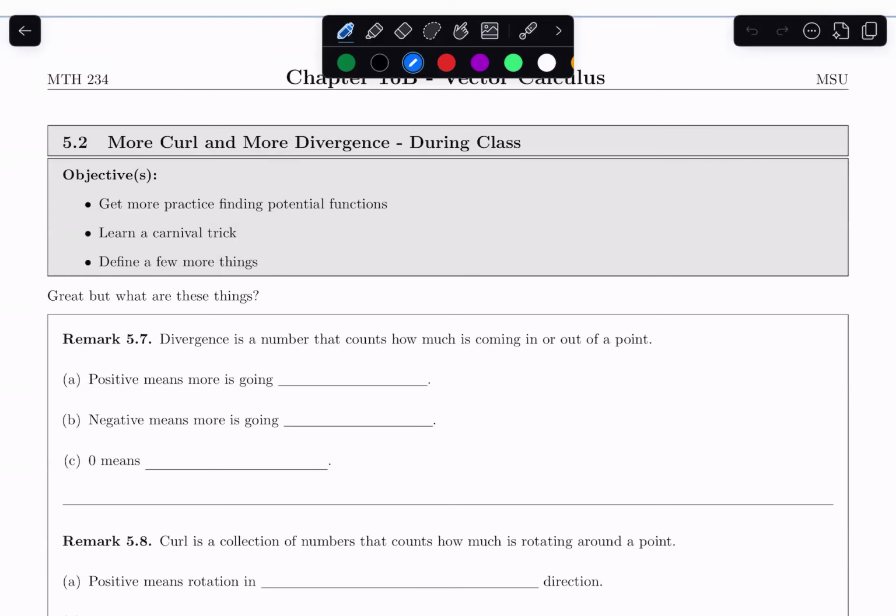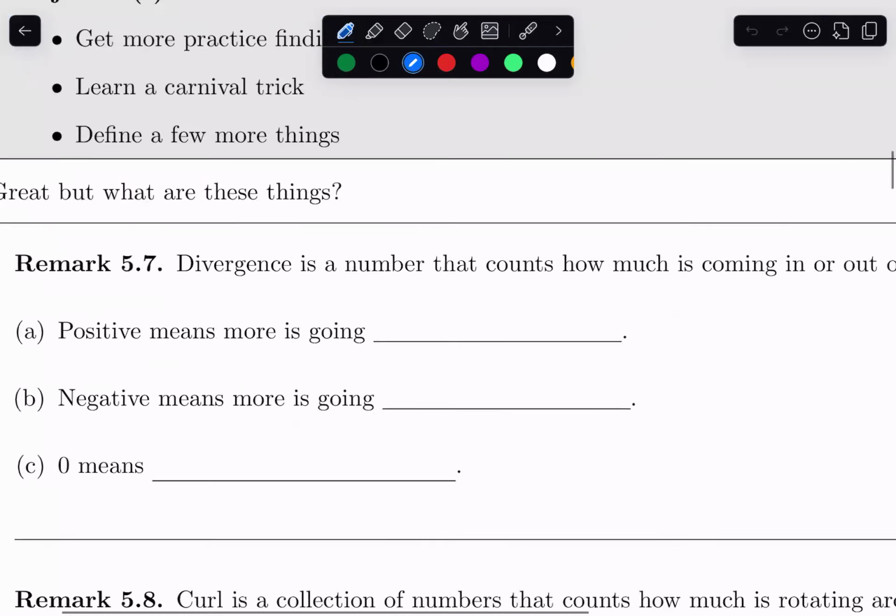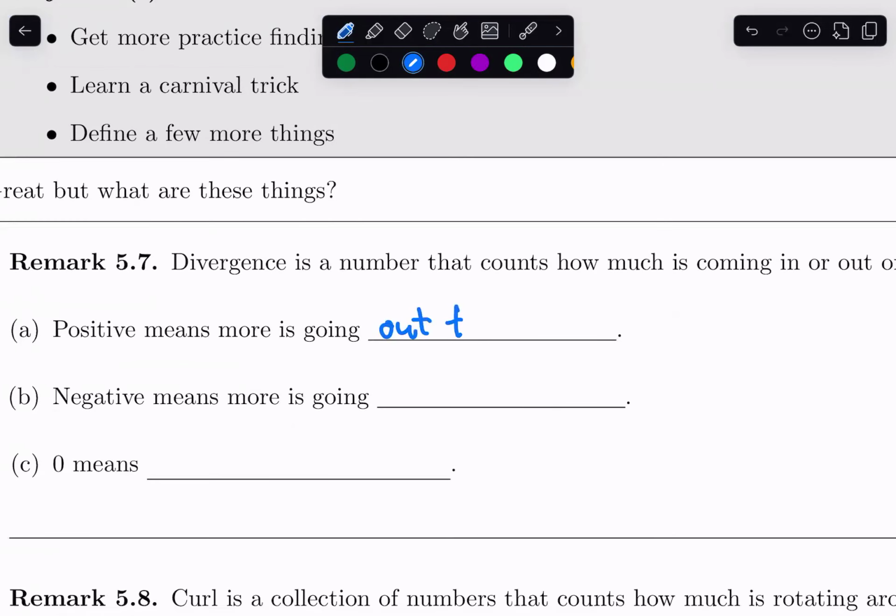As I mentioned here, those are perfectly fine definitions, but what are these things actually used for? For divergence, again, divergence is a number, not a vector. It's a number that counts how much is coming in or out at a point. A positive divergence means that more is going out than in.